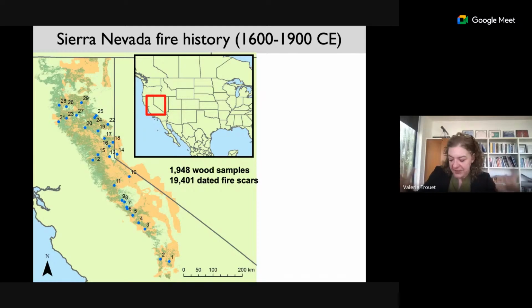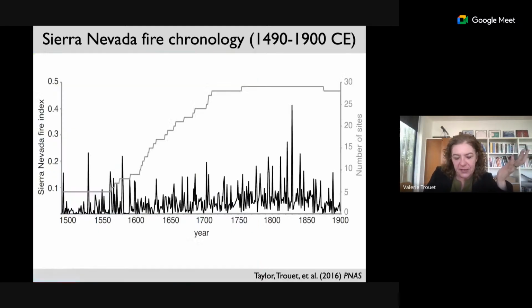When you combine all of that into one big fat fire scar chronology, you can find which years were the big fire years in the Sierra Nevada mountains. We put together a chronology from 1500 to 1900.